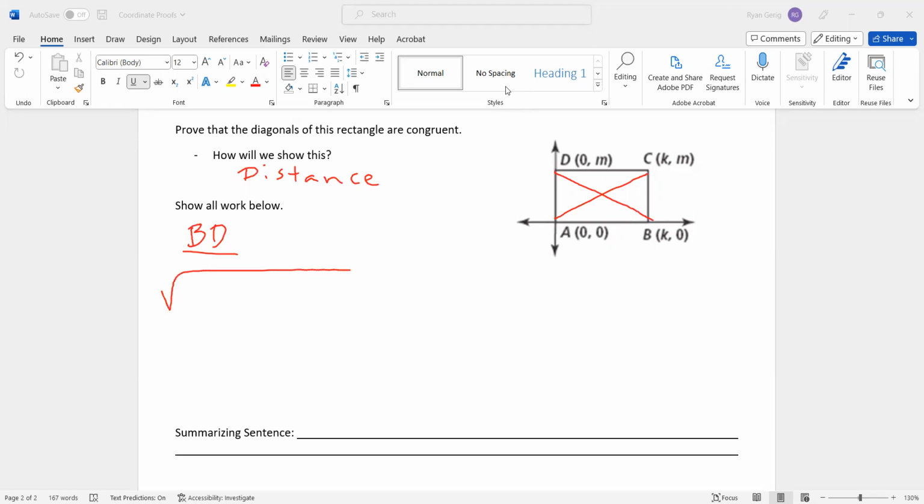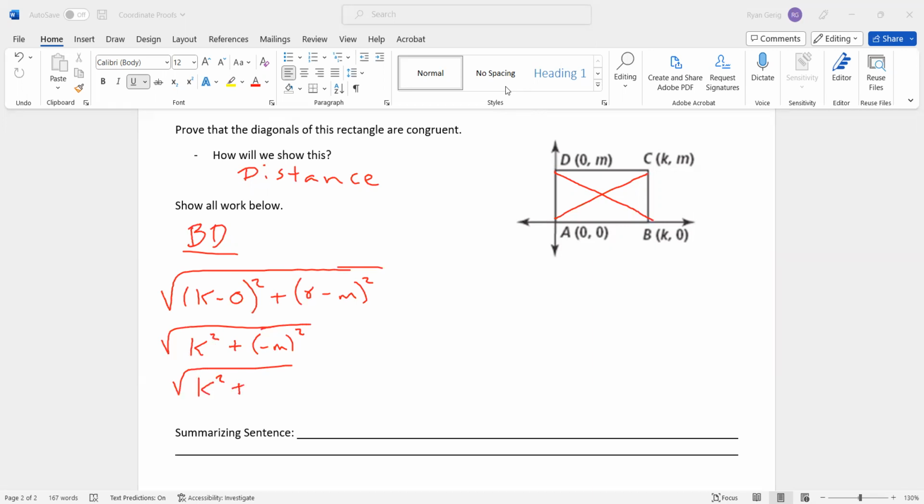So distance formula, it's x2, so k minus x1, 0 squared, plus 0 minus m squared. Now we simplify. K minus 0 is k squared. 0 minus m is negative m squared. But negative m squared is negative m times negative m, which is positive m squared.